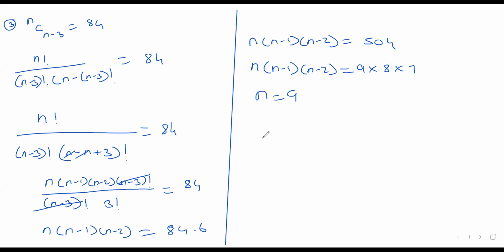So n is 9. There is one more way of solving this. You can expand, form a cubic equation and then solve. लेकिन cubic equation को solve करना बहुत मुश्किल है. ये comparably बहुत आसान हो जाता है.